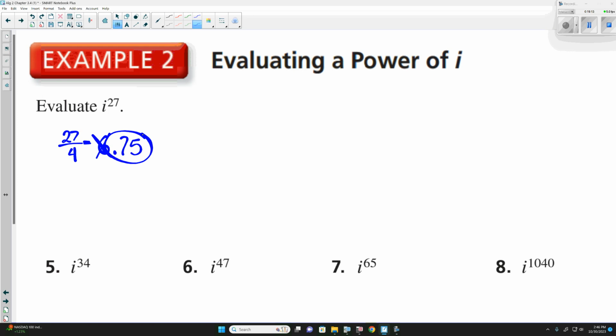It would not, because negative I technically is negative square root of negative 1.